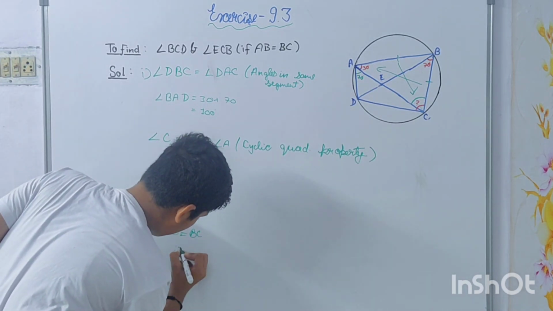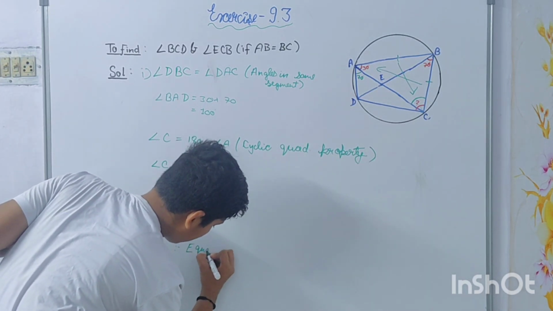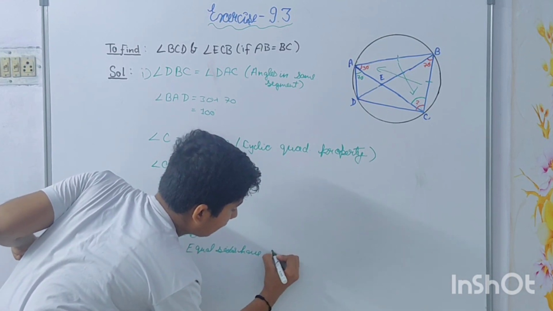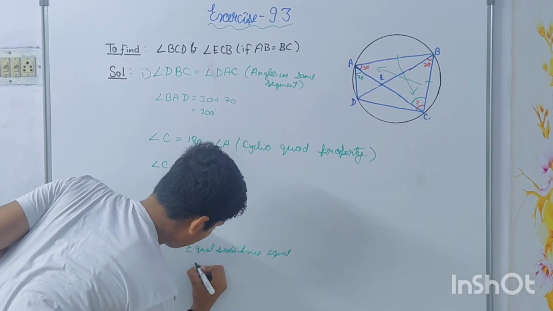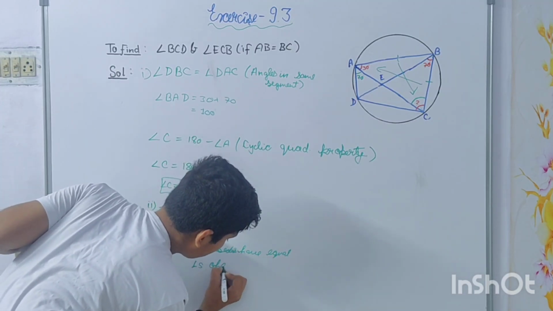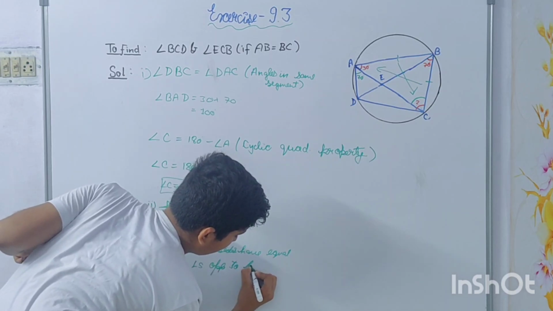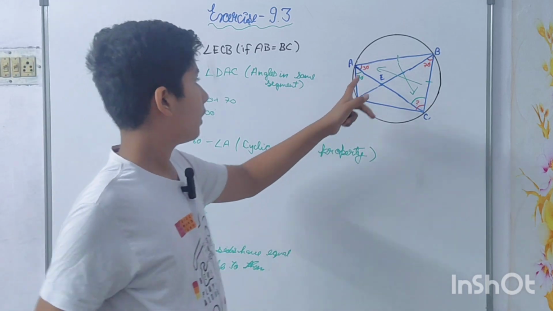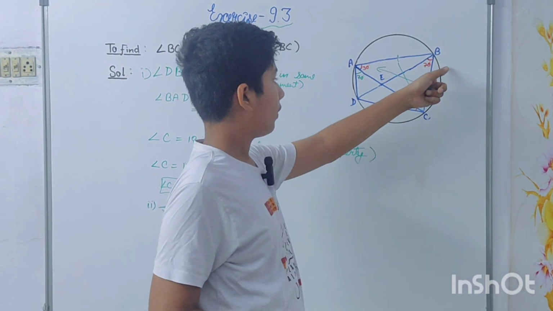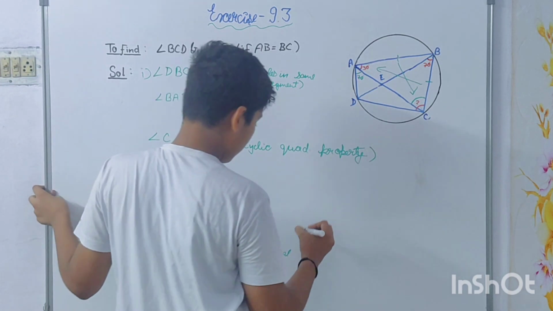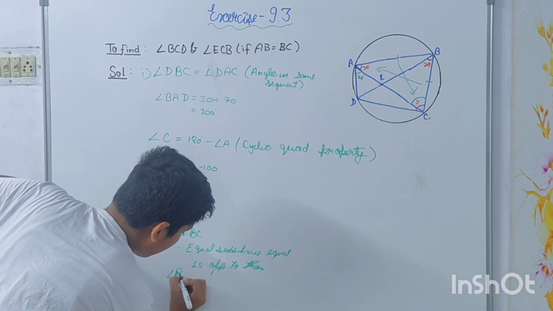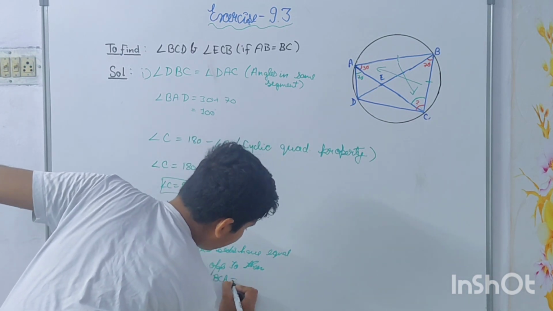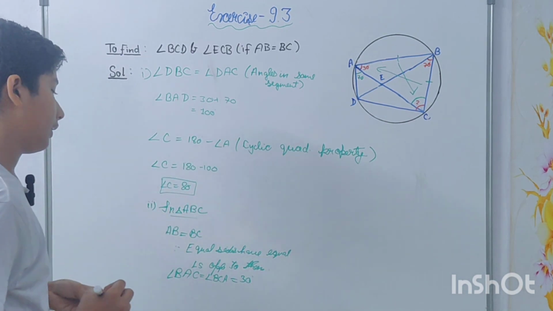So since equal sides have equal angles opposite to them, we can say angle BAC equals angle BCA, which is equal to 30 degrees.